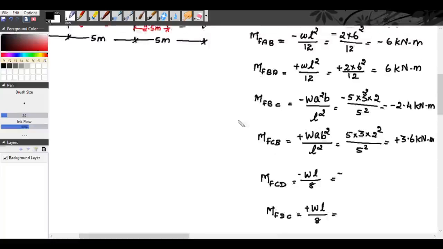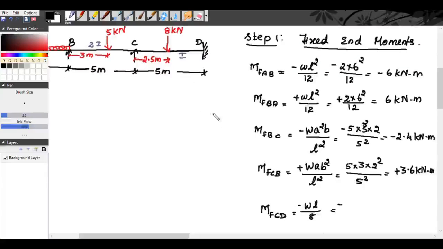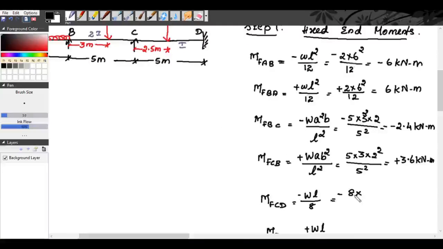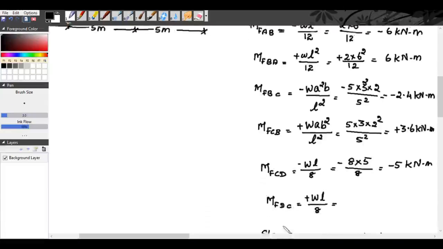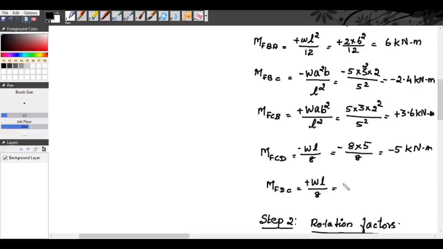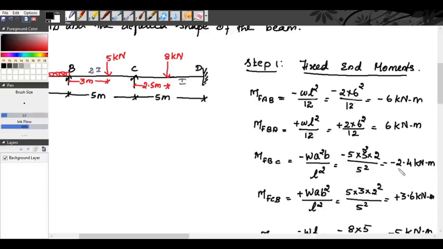W is 8 kilonewton, 8 into L is 5 meter, so 5 divided by 8, we get minus 5 kilonewton meter. Similarly, M of DC is equal to plus W is 8, L is 5 divided by 8, we get plus 5 kilonewton meter. So we have found the fixed end moments.